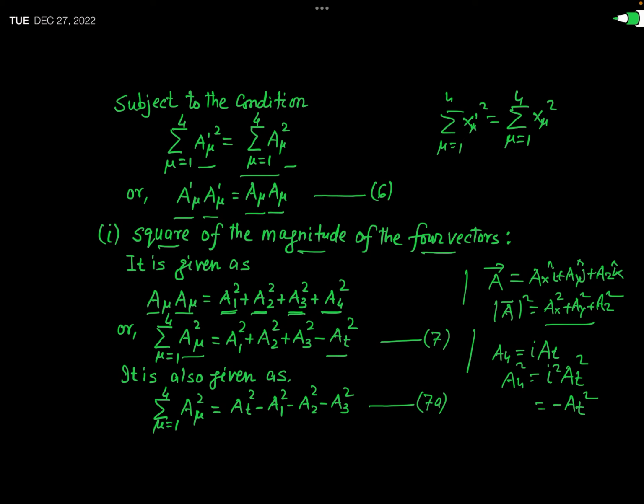But some writers or some authors also write this square, that is a square of a mu square from mu 1 to 4, in this manner. That is, this is also written as at square minus a1 square minus a2 square minus a3 square. Equivalently, you can write this. Any physical condition will not change when you write the square of a 4 vector in this manner defined in equation 7a.